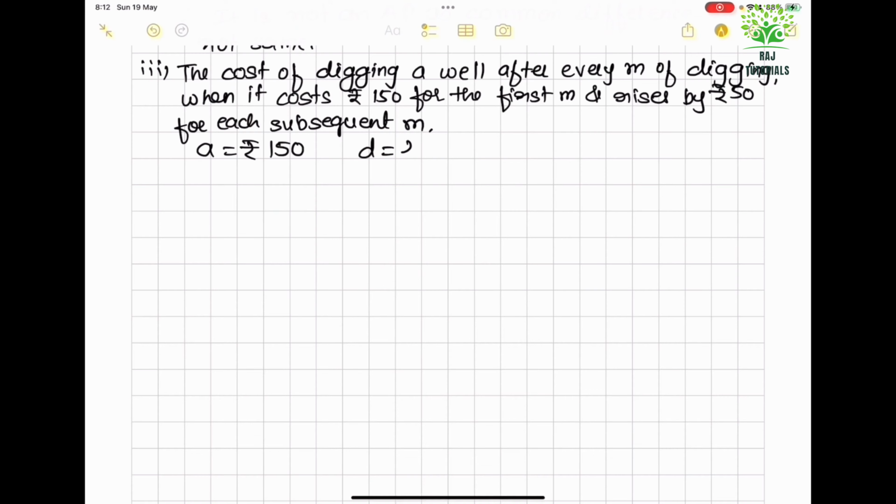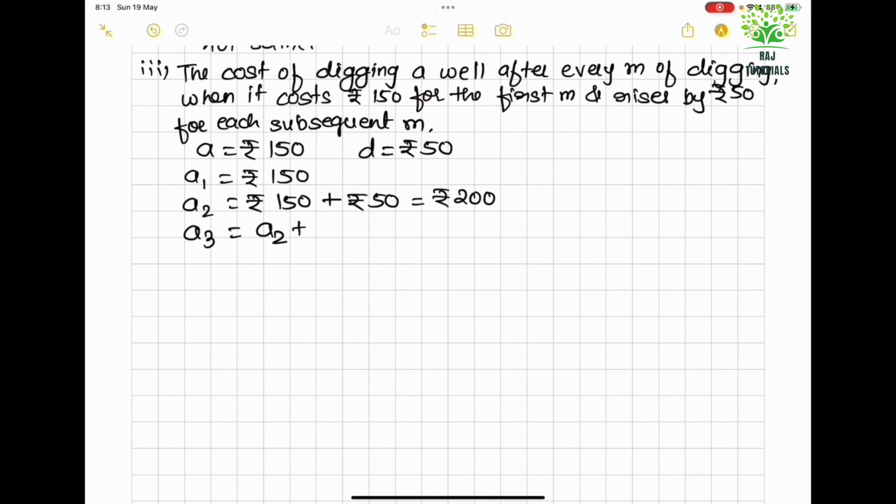Then I am adding every time rupees 50 for one more meter. So I can say A1 will be rupees 150, A2 will be rupees 150 plus 50 rupees extra for the second meter, so that will be 200 rupees. Then A3 means I can do A2 plus D, so rupees 200 plus rupees 50, so it will be rupees 250.